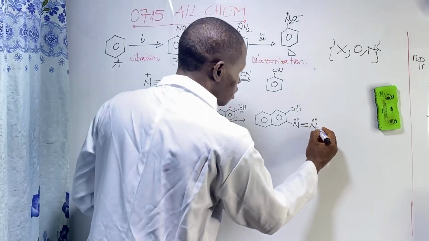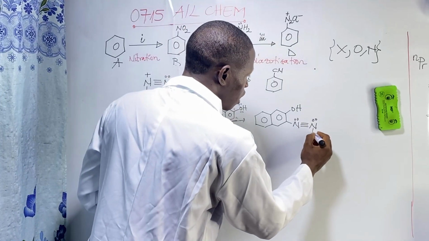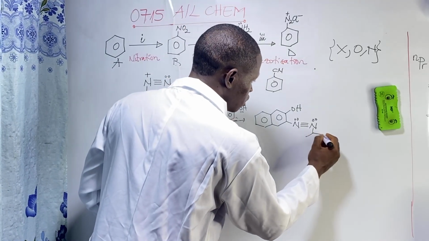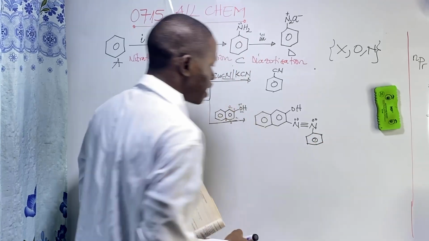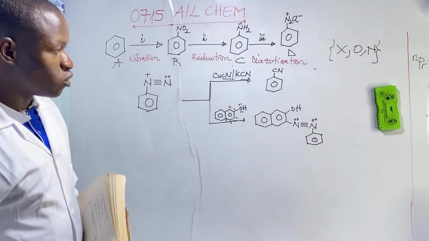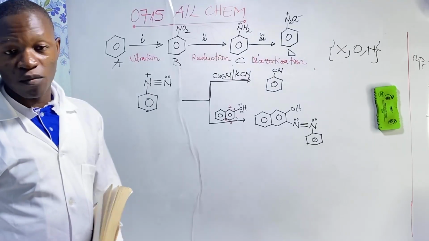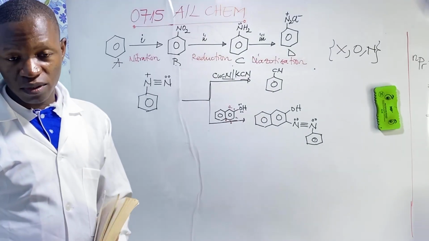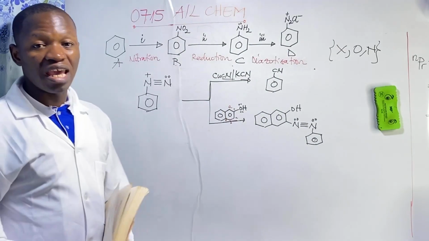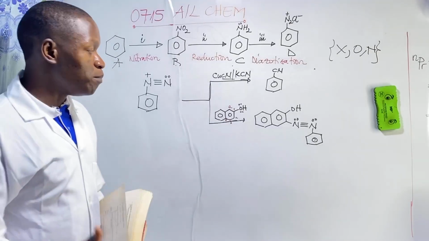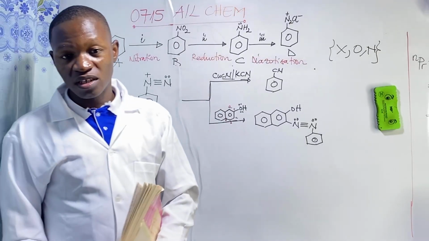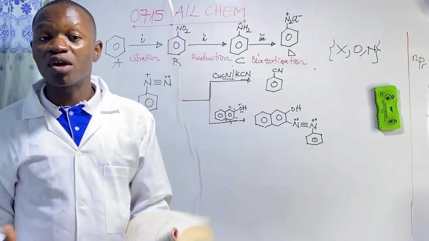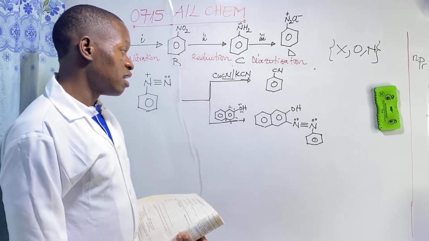Then from there we shall have our aromatic ring for the diazonium ion. So that is the structure of the compound formed, and that compound is called an azo dye. The reaction is called a coupling reaction because two molecules combine to form a larger one. So they form a couple, somehow a couple, and we call it a coupling reaction.